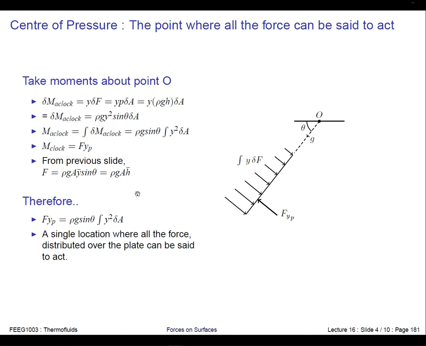Okay, so I can end up working out a moment balance, and I can say the total force on the plate multiplied by the center of pressure is equal to my integral moment on the anti-clockwise side, and these two things must be equal, and you can use this equation to work out what the center of pressure is. Okay.